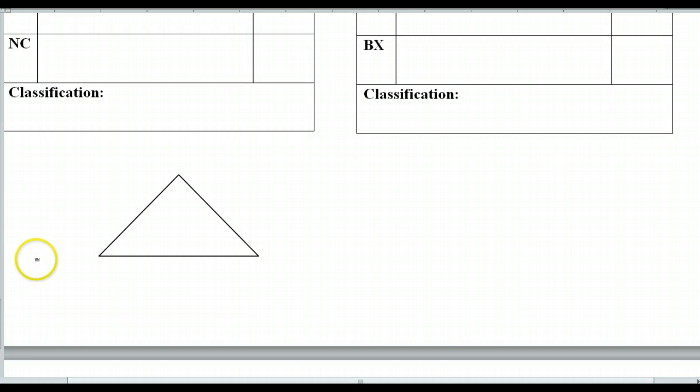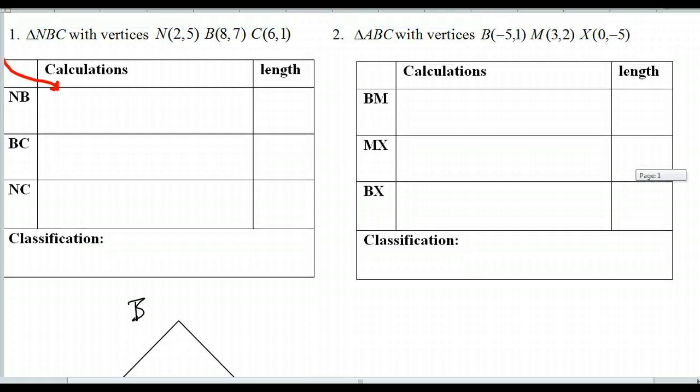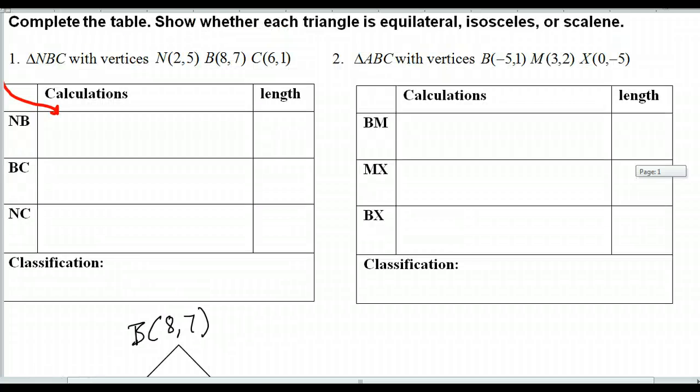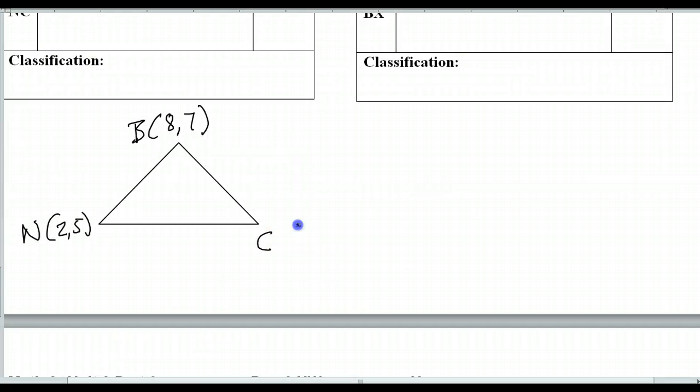So here's NBC. N is (2, 5), B is (8, 7), and C is (6, 1).